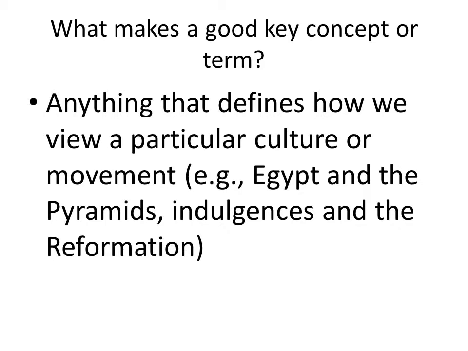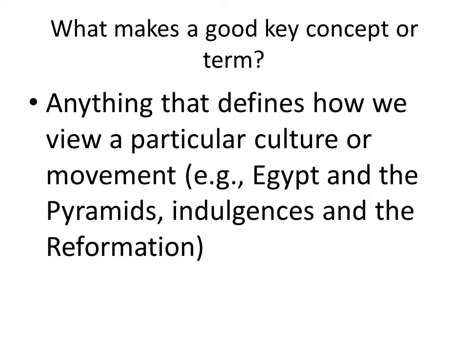It's just that the pyramids have so much to do with what Egypt is to the outside world that you remember Egypt and the pyramids after you've done studying. It's a critical part of the concept of Egypt.